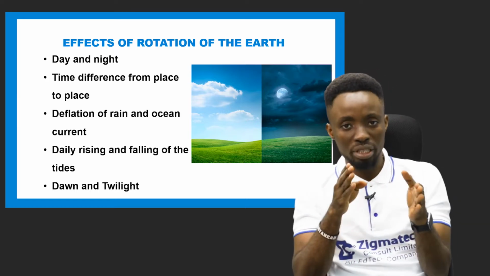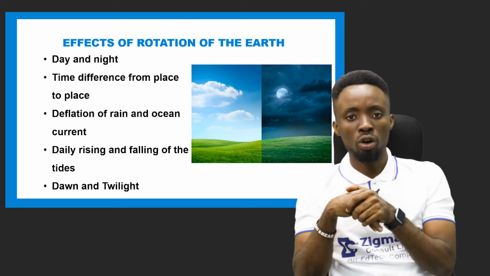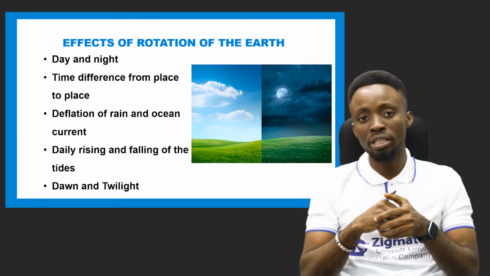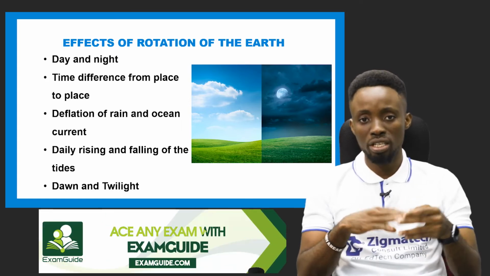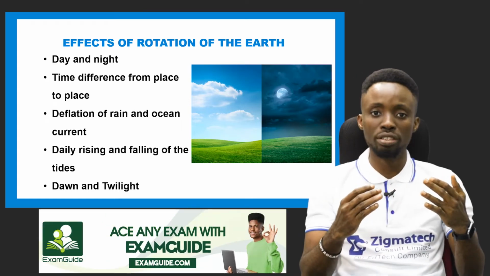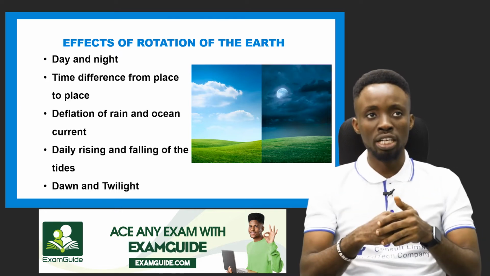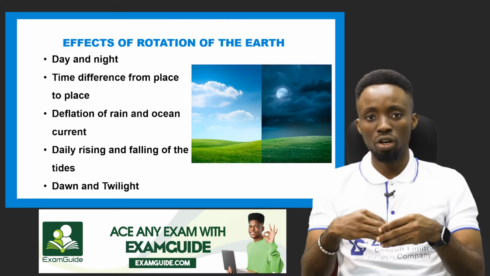Now, the rotation of the Earth brings about change in time zone. We have time differences from place to place. Let me give an instance. Here in Nigeria, we use GMT+1. If you go to the USA, New York City to be precise, you will discover that people in New York City are actually 5 hours behind us.